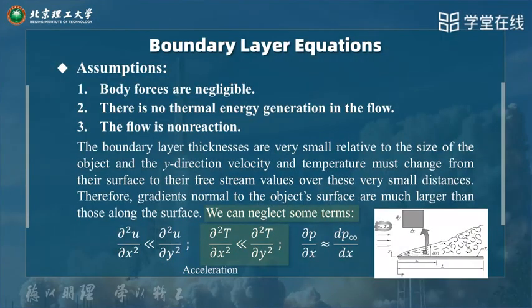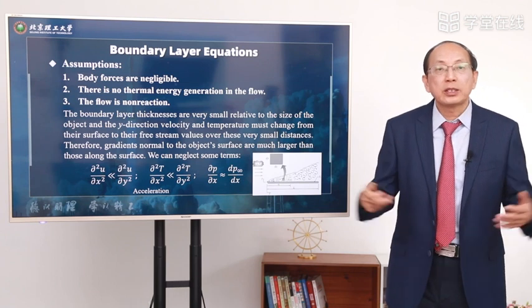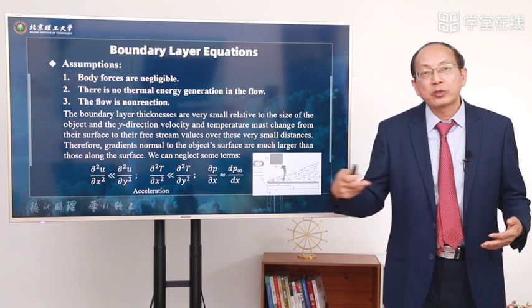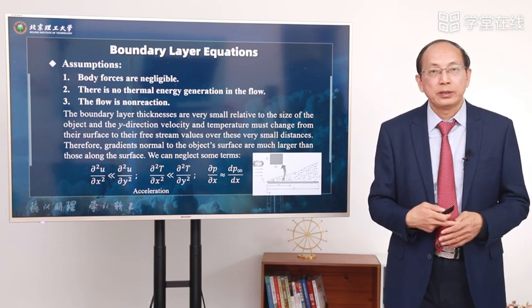Also, for the temperature, partial squared T over partial x squared certainly is smaller than partial squared T over partial y squared. In the y direction, the change is very, very big. In the x direction, the temperature change is not so big.